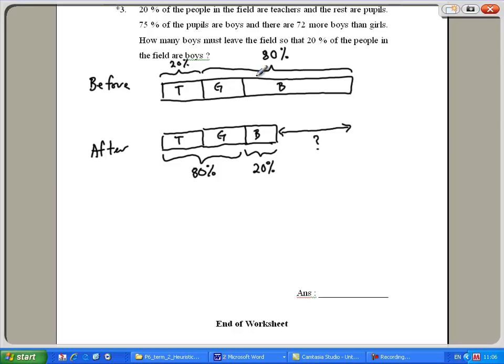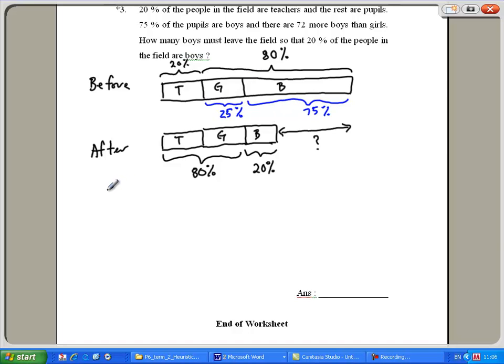So let's look at the pupils now here. 75% of the pupils are boys. So obviously the girls would be 25%, out of the total number of pupils.